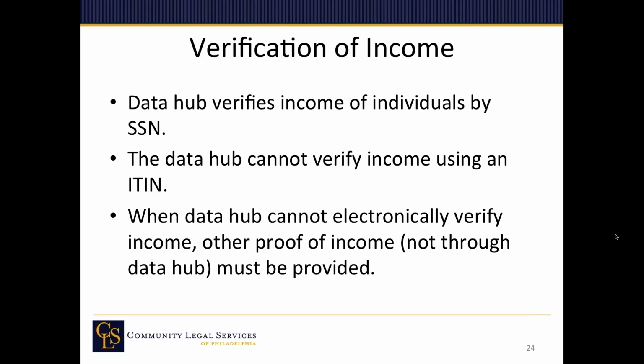The person submitting the application on the marketplace is known as the household contact, and Experian will, at the very beginning of the application, use information entered to verify the identity of the household contact. And when Experian can't do this, the person has to follow up by submitting copies of identity documents that prove that they are who they say they are.